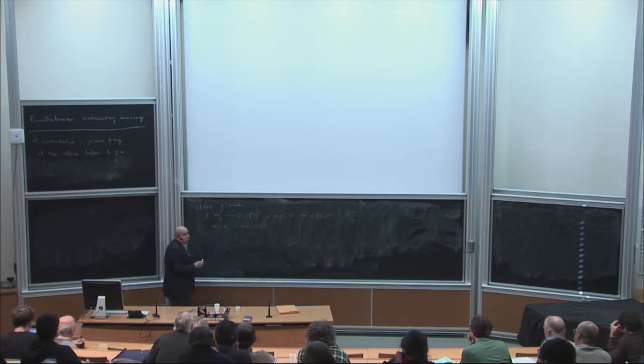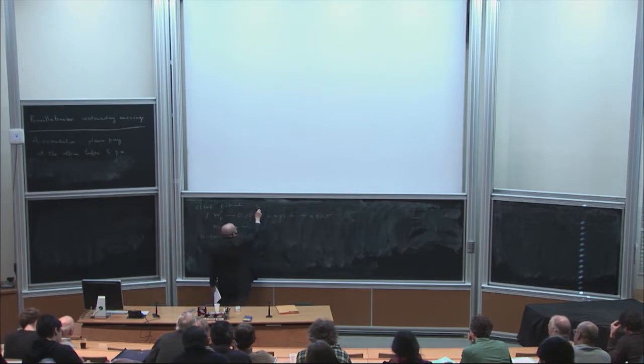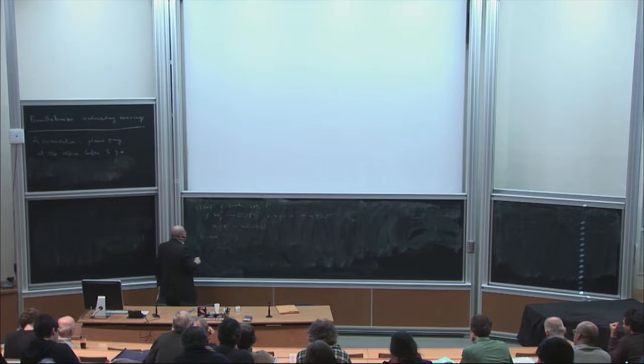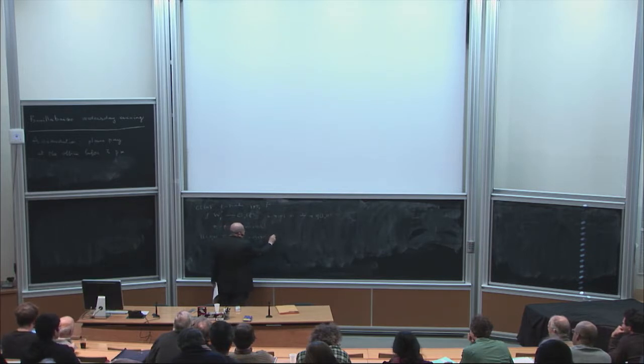Then chief among the properties is that if you take the gamma function of rho 1 tensor rho 2, with a fixed additive character psi_F that is non-trivial, this object is supposed to be equal to gamma of s, pi of rho 1, pi of rho 2, psi_F, and this is the Rankin-Selberg factor.